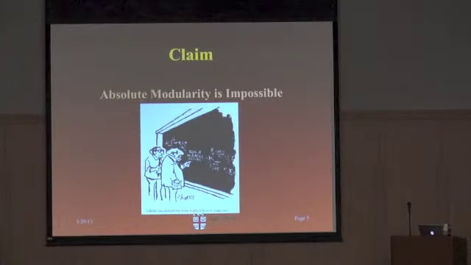Well, my claim with either of these definitions of modularity is that absolute modularity is impossible. And I should really explain this claim. Modularity in the static sense, just having a fixed view of the system, is not going to give you what you want.